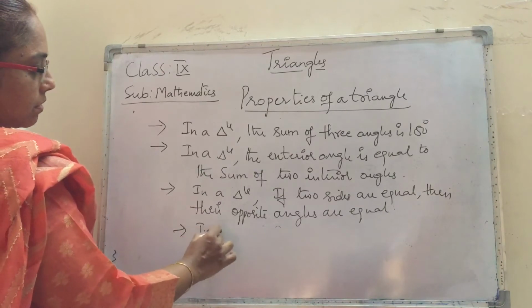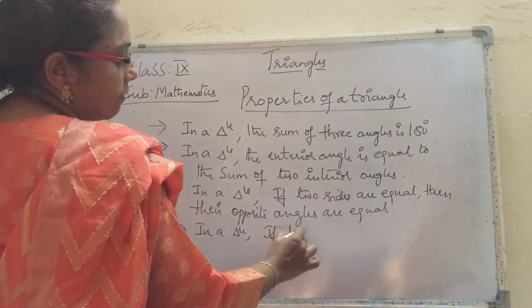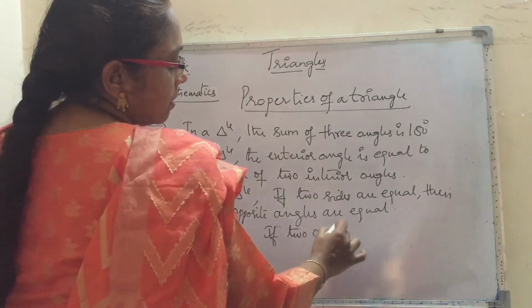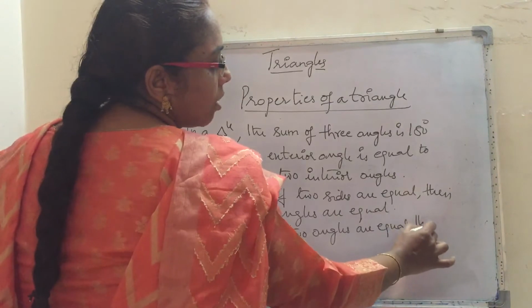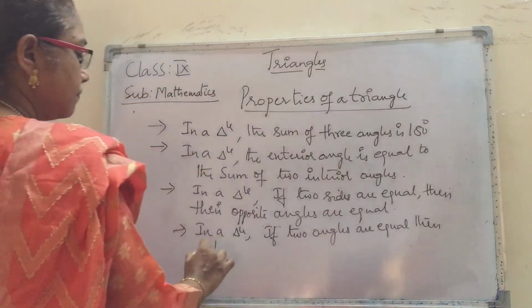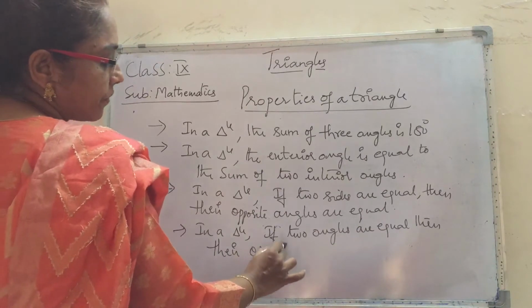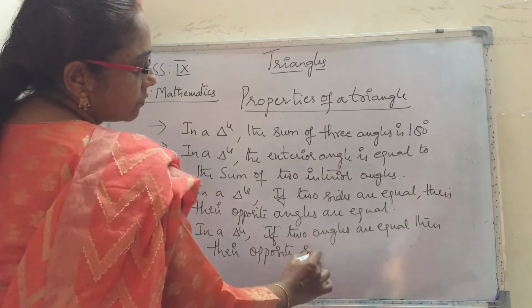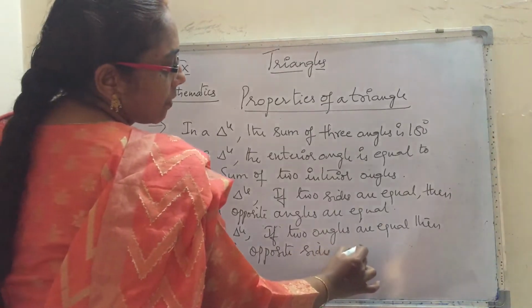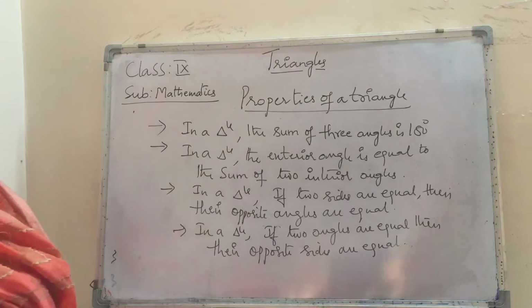And in a triangle, if 2 angles are equal, then their opposite sides are equal. See, these are the 4 properties.